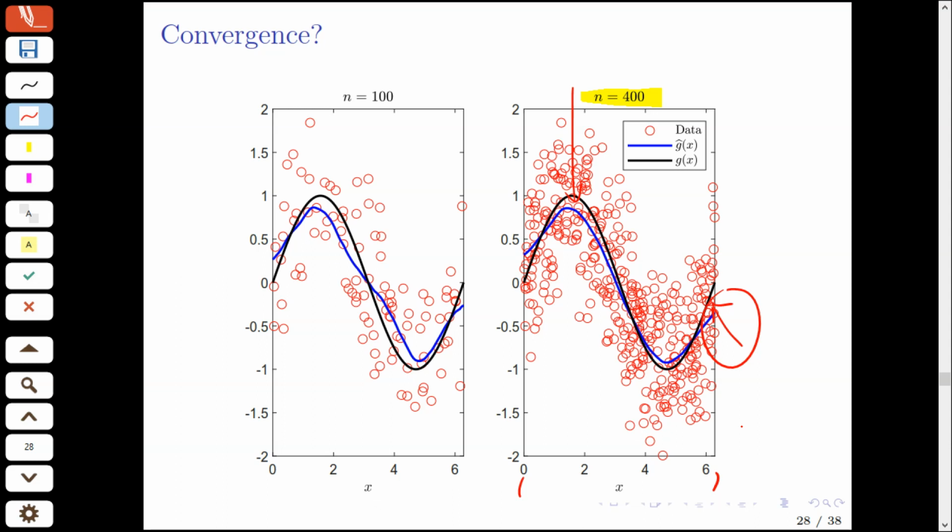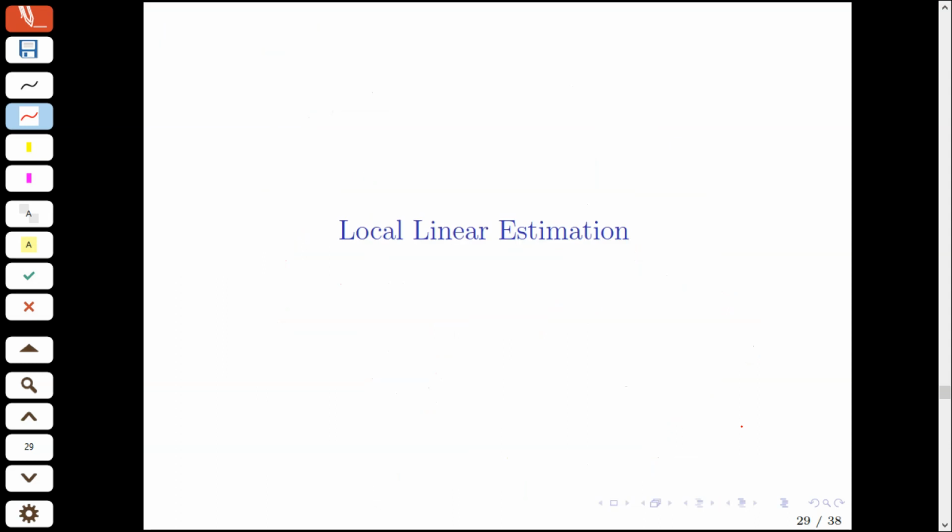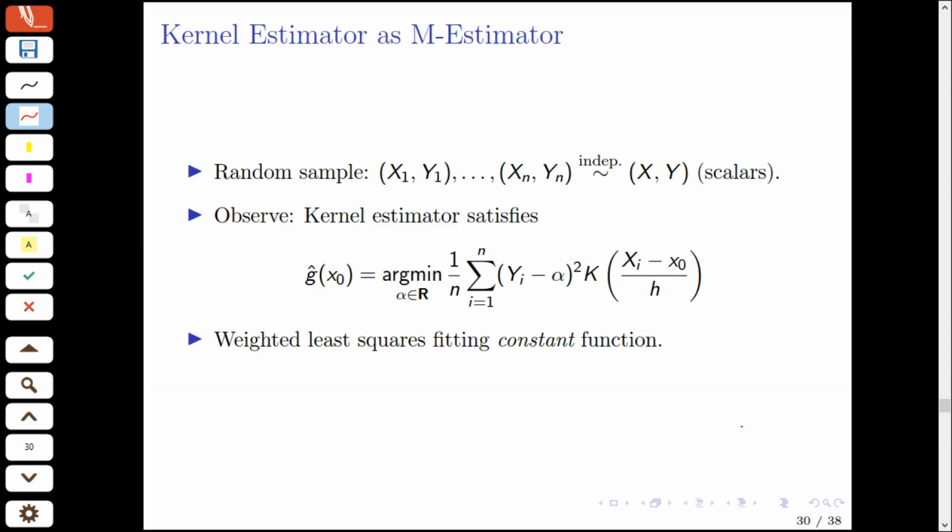And for that reason, we'll look at a variant of the kernel estimation idea, which addresses this issue. So that's precisely what we're going to do now, where we'll consider the idea of local linear estimation. All right, so where does this idea come from?